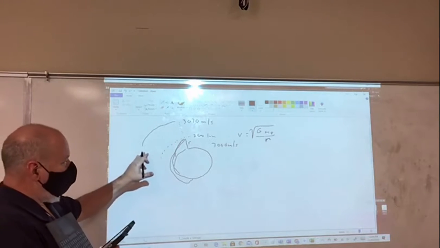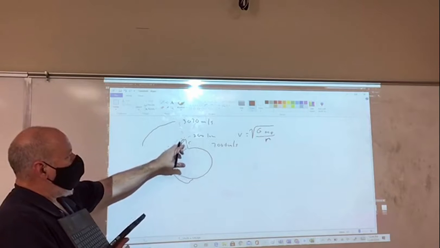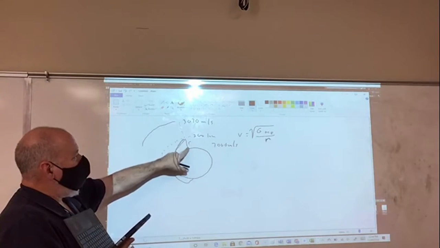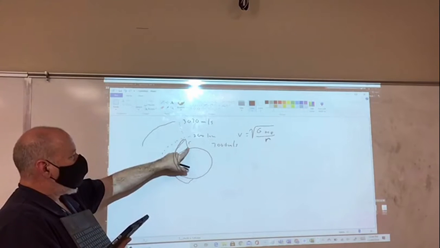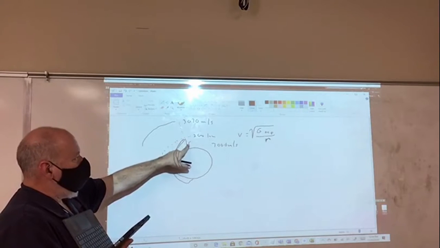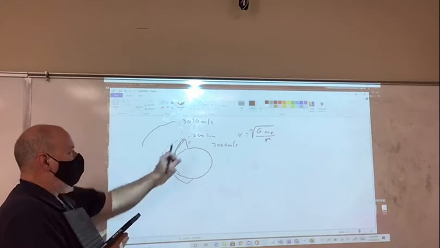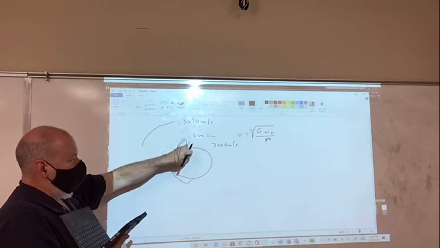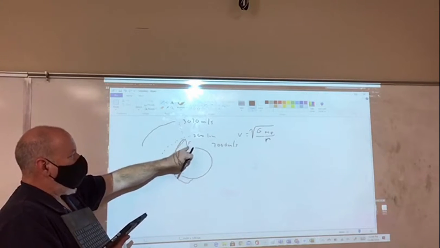Okay? So if I do speed up, that doesn't mean I'll go down to a lower radius. That means that I could, if I wanted to, be at a lower radius, but it doesn't mean that I have to be at a lower radius when that velocity occurs.